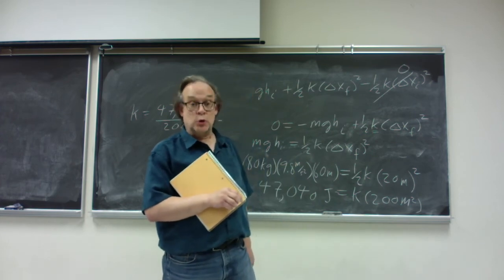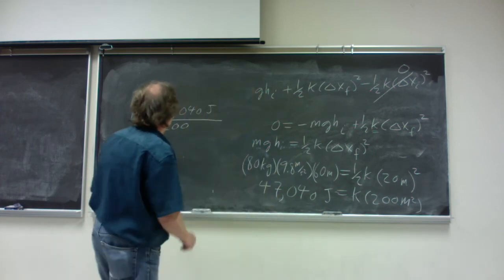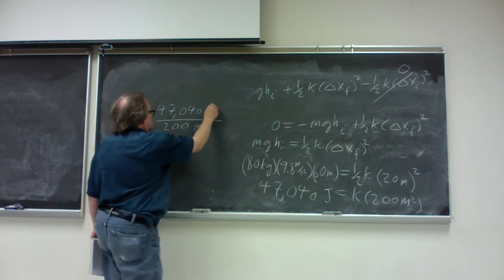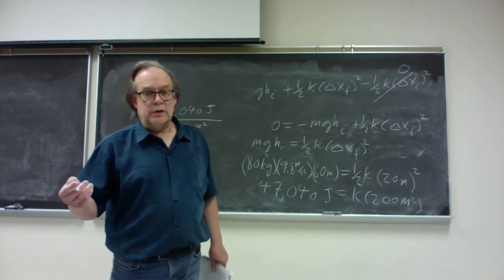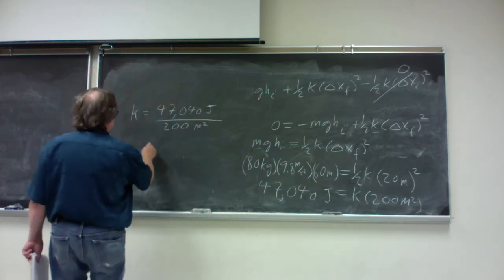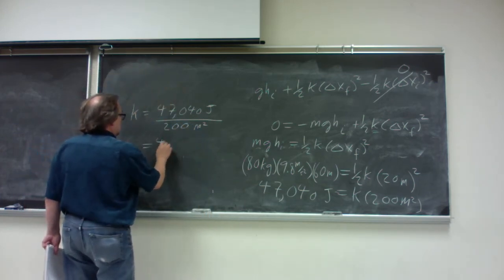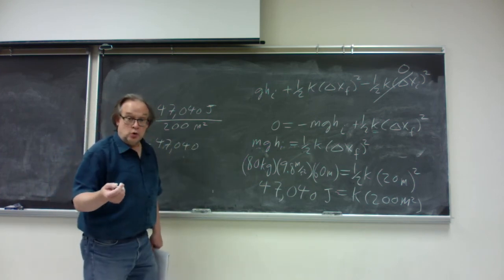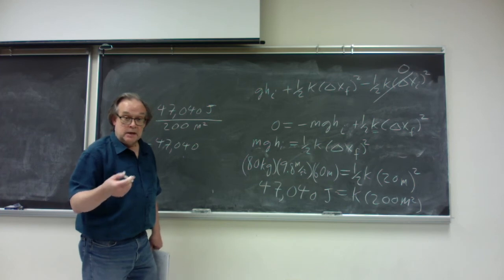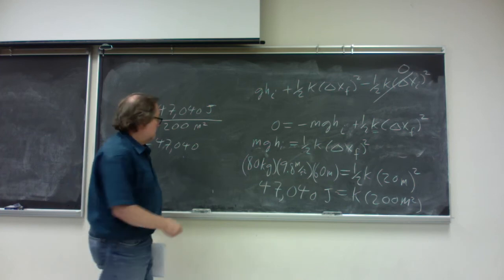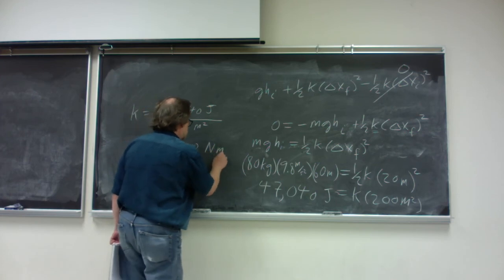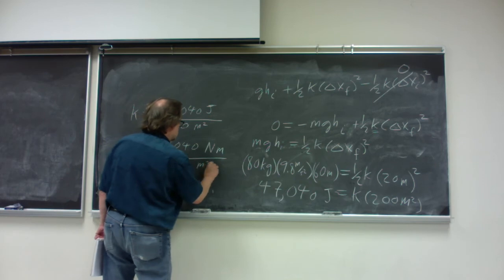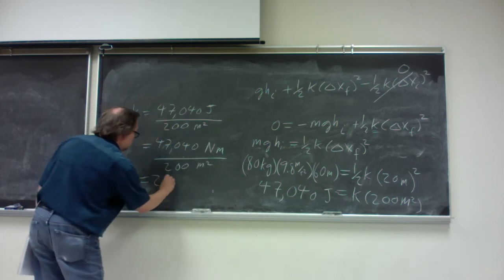So don't forget. That actually works out in exactly the correct kind of units, because 47,040 joules, a joule is the same as a newton times a meter. And so divide that by 200 meters squared, and we come up with 235.